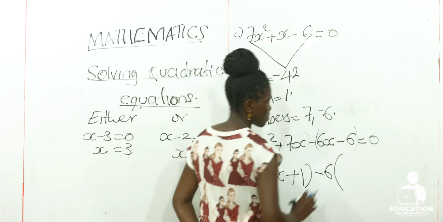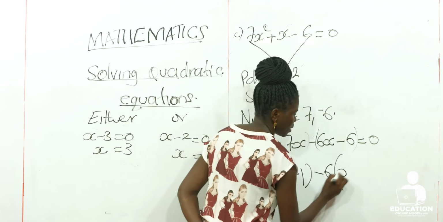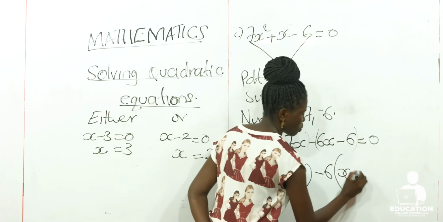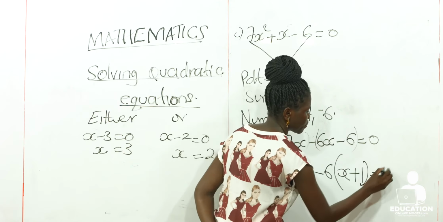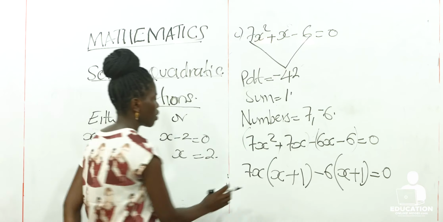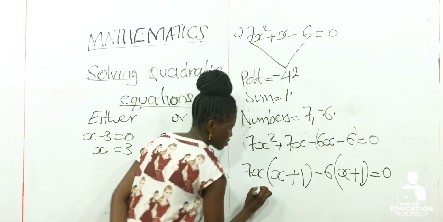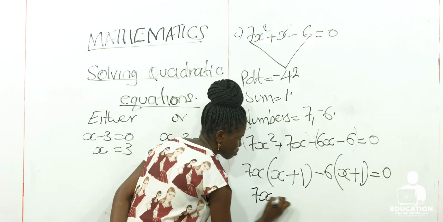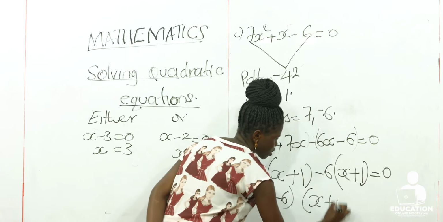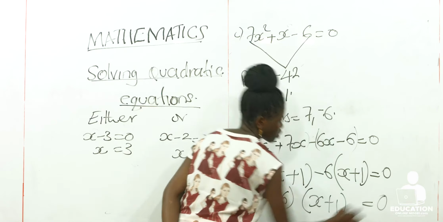Then negative divided by negative gives a positive, and we shall be left with x. Negative 6 divided by negative 6 will give you positive 1. Our two brackets are matching. So we're now going to get the first factor as 7x minus 6, and the second factor will be x plus 1, is equal to 0.